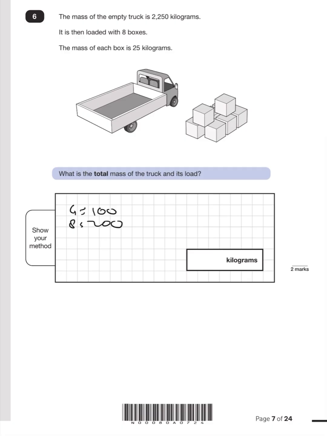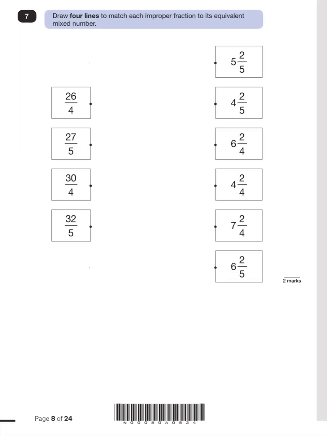So we've got 200 and 2,250. If we add those two together, we get 2,450 grams. 2,450 kilograms, sorry.